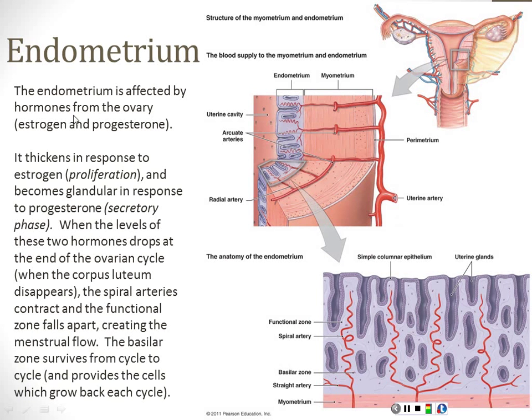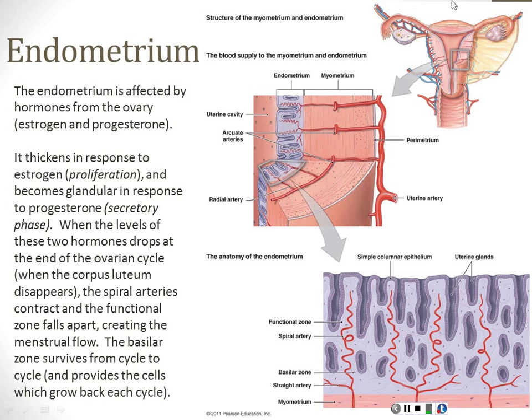Well, estrogen and progesterone have direct effects on the lining of the uterus, direct effects on the endometrium. Okay? The effect of estrogen is proliferation. That means cell division. Okay, so at the end of the previous uterine cycle, or ovarian cycle, the estrogen and progesterone levels fell because the corpus luteum disappeared.